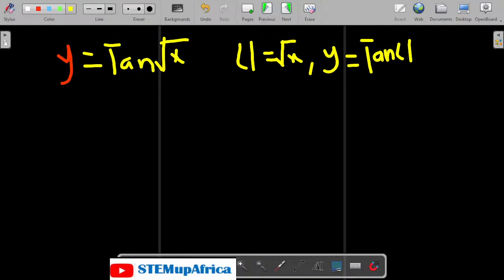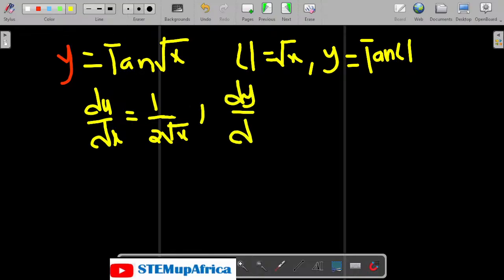So I'll differentiate the first one, which is du/dx. That will give us 1 over 2 root x. We've done that earlier. Then I'll differentiate the second, dy/du. That will give us sec squared u.